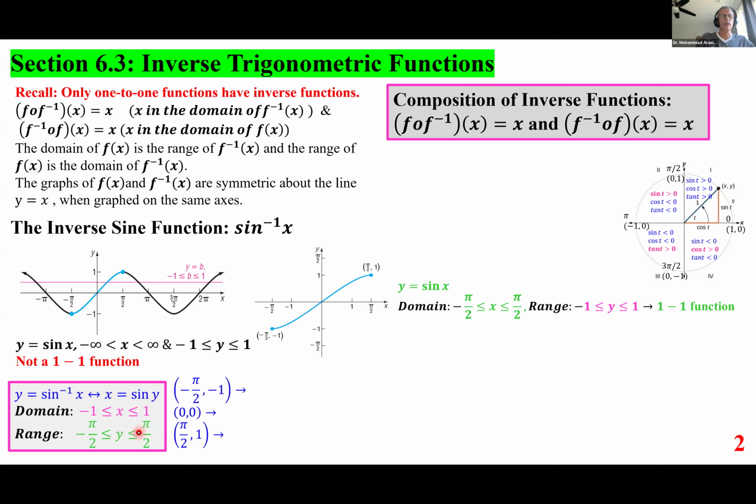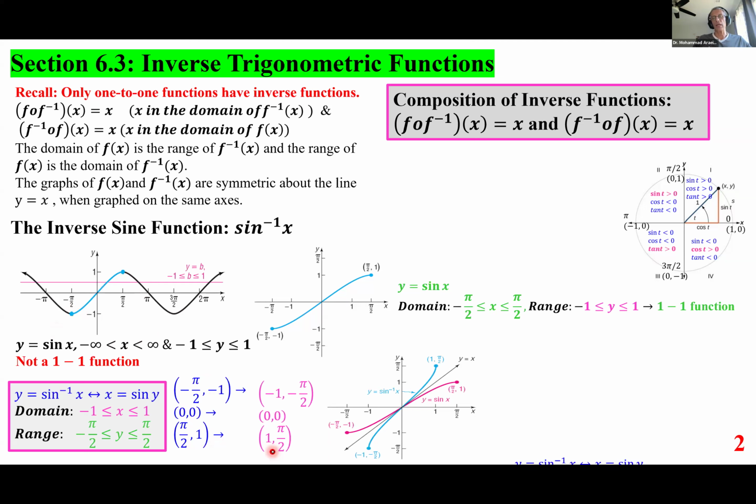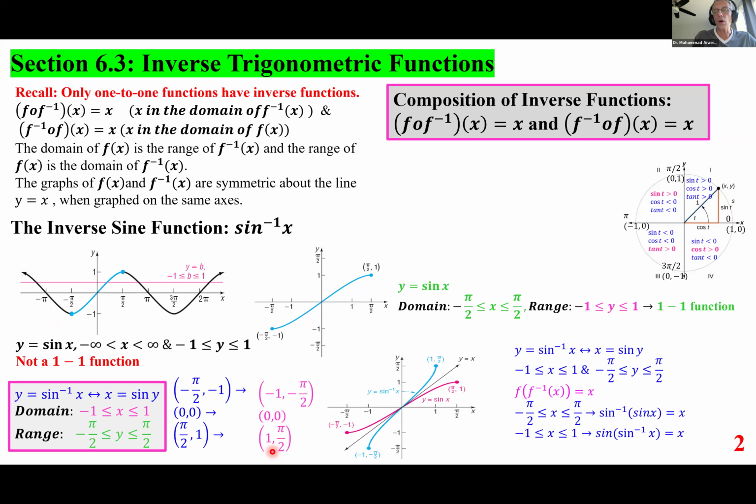And you can just see those three important and easy points. Negative pi over 2, negative 1 becomes negative 1, negative pi over 2. 0, 0 doesn't change. Pi over 2, 1 becomes 1, pi over 2, and you can graph the inverse of a sine function. And in that case, when y equals sine inverse of x, x equals sine y, and x is between negative 1 and 1, and y is between negative pi over 2 and pi over 2, f of f inverse is x.